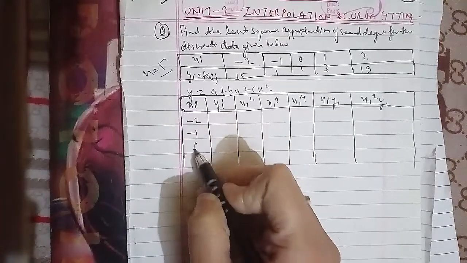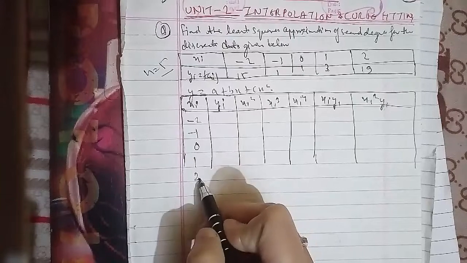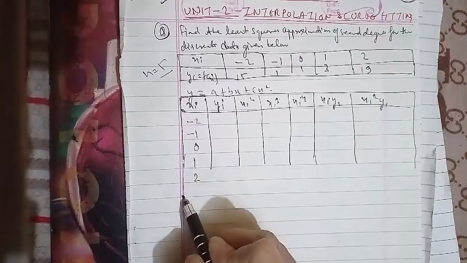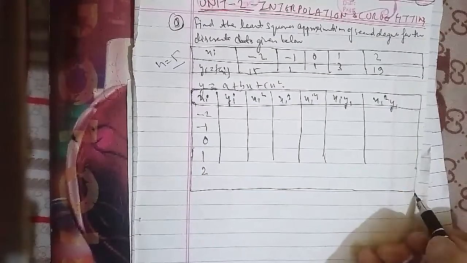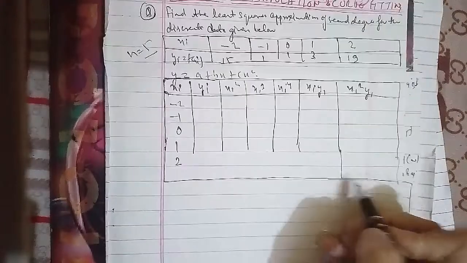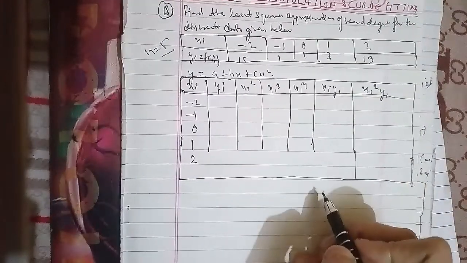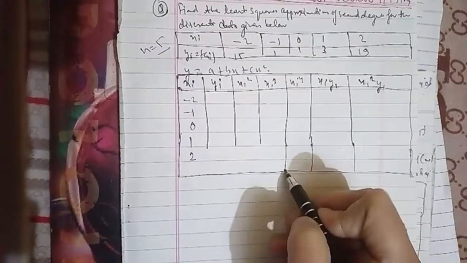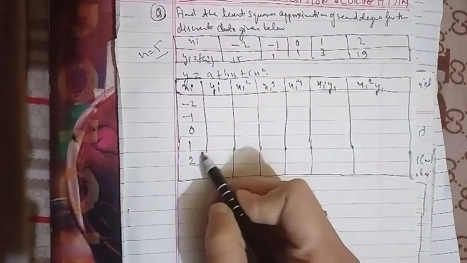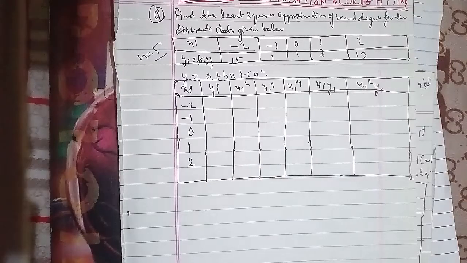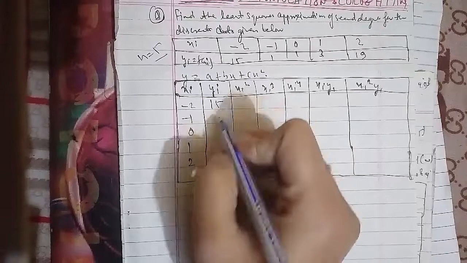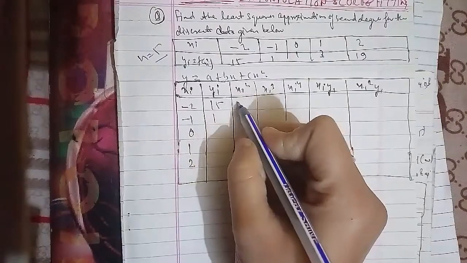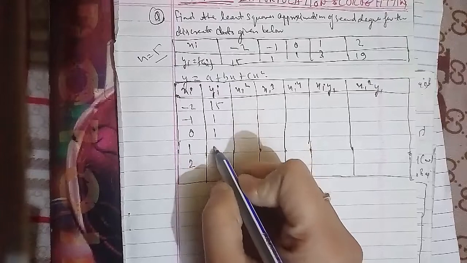xi is minus 2, minus 1, 0, 1, 2, and yi is 15, 1, 1, 3, and 19.